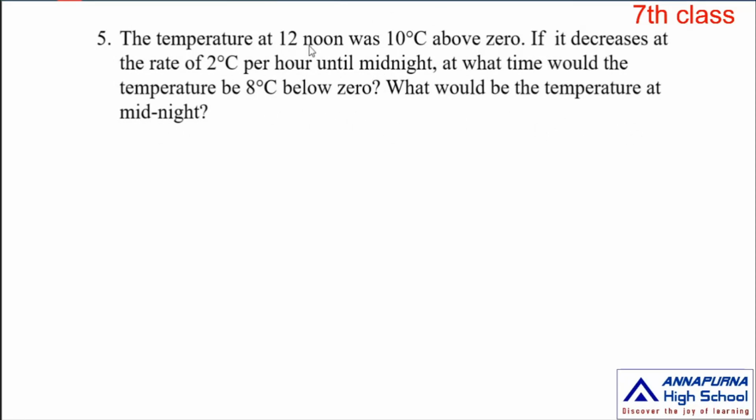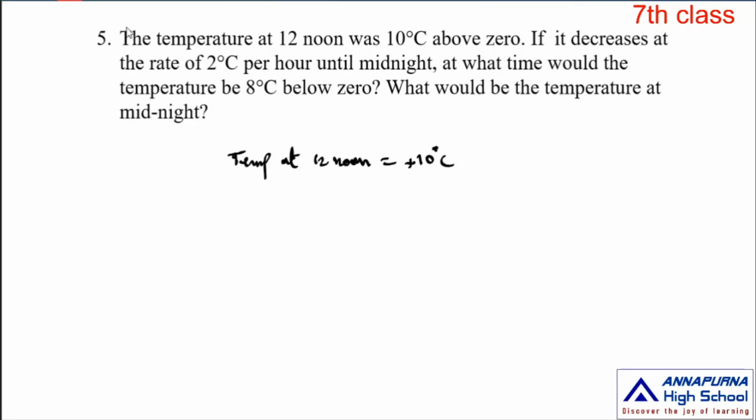So what is the temperature at 12 noon? 10 degrees, right? Temperature at 12 noon is equal to 10 degrees centigrade. So above 0 means plus 10 degrees centigrade. Use symbol, nothing is wrong.